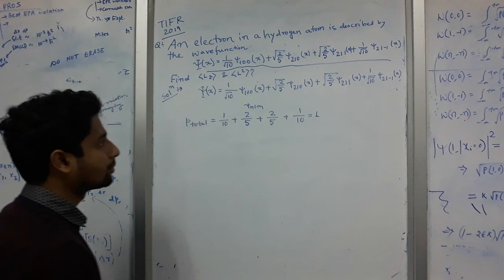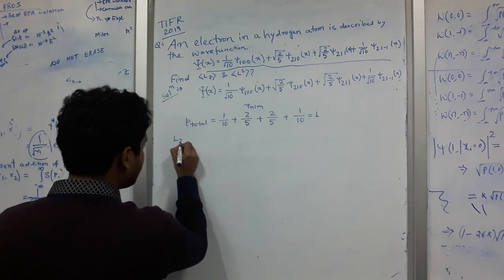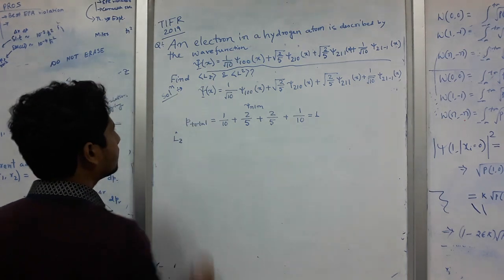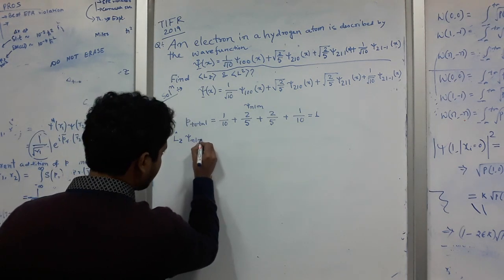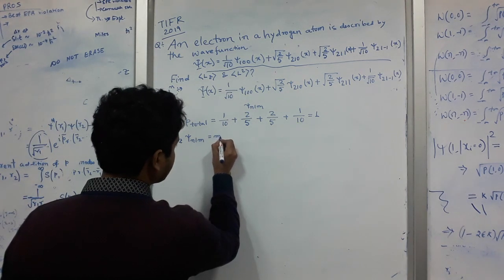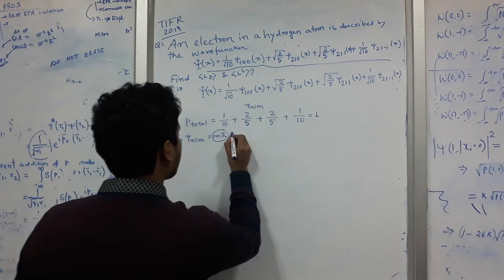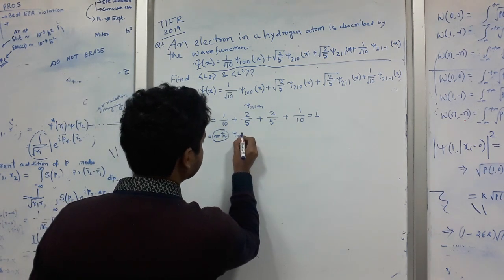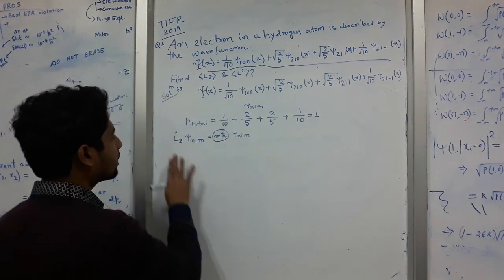Next thing, we need to know what happens if the Lz operator acts on the hydrogen atom state psi n l m. It gives an eigenvalue times the same state, so this state is actually the eigenstate of Lz.